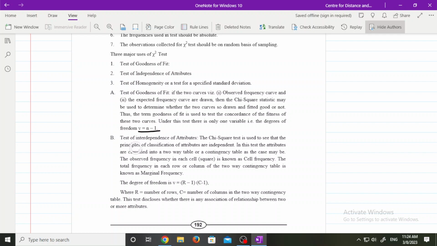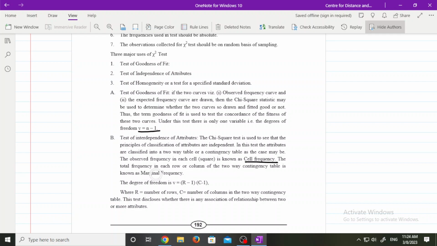Then, test of independence of attributes. The chi-square test is used to see whether the principles of classification of attributes are independent. In this test, the attributes are classified into a two-way table or contingency table. The observed frequency in each cell is known as cell frequency.